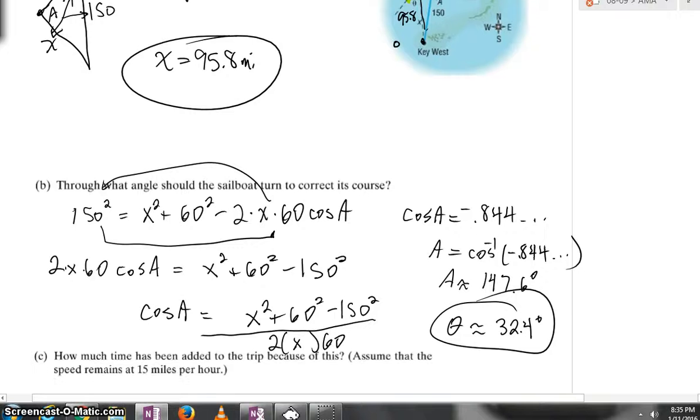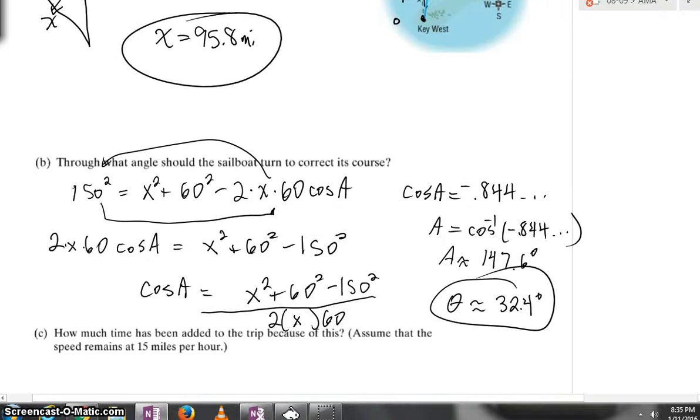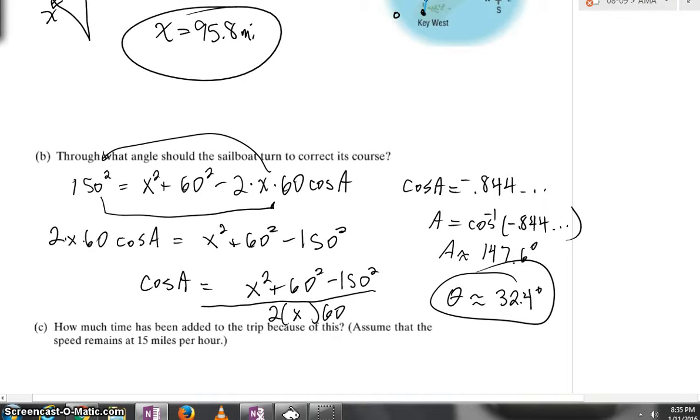So one final question here. How much time has been added to the trip because of this? And you assume that the speed remains at 15 miles per hour.